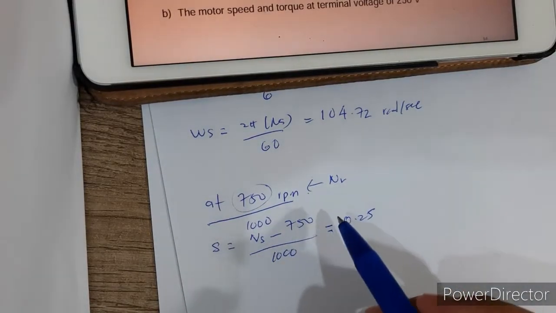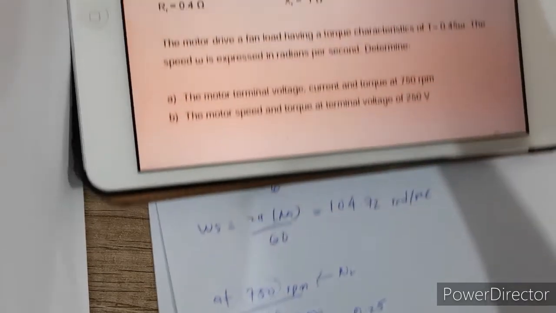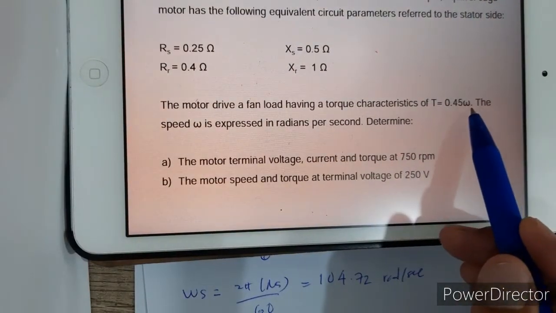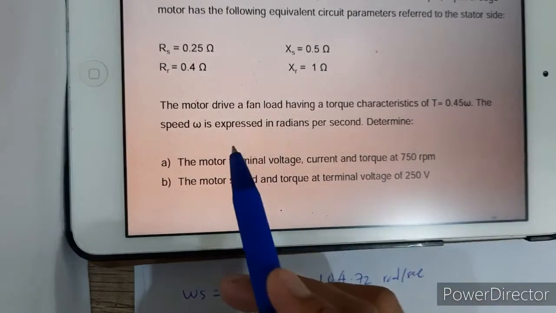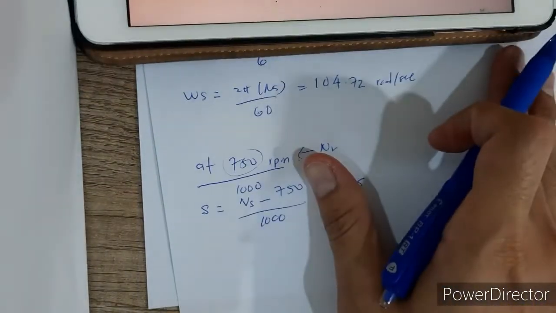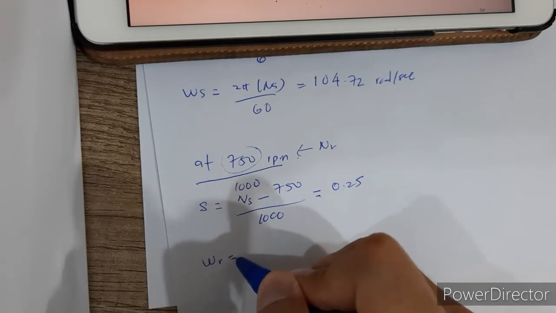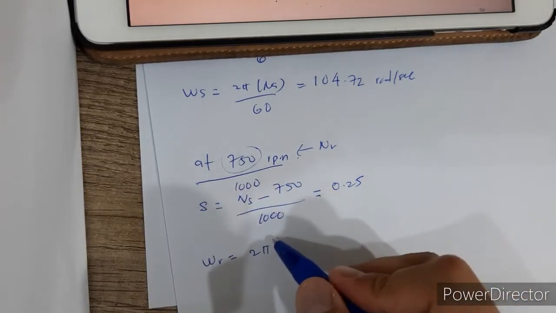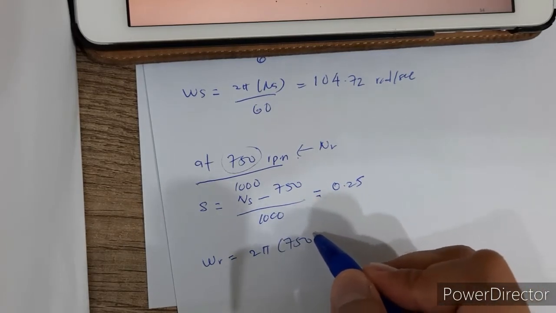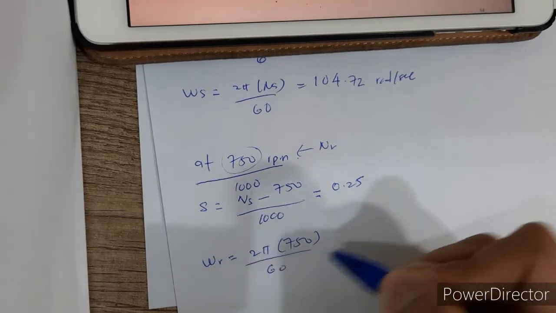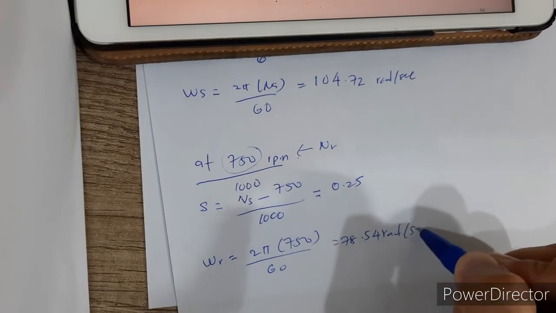One more thing, this omega is not omega S, this is omega R. So omega R that we express in radian per second, we have to determine it as 2 pi NR. Instead of NS, we use NR: 750 divided by 60, which is 78.54 radian per second.